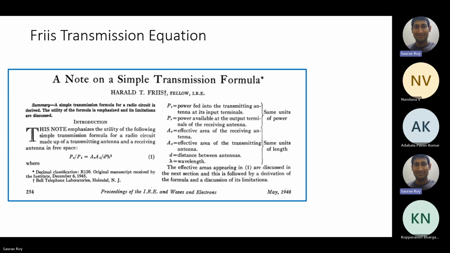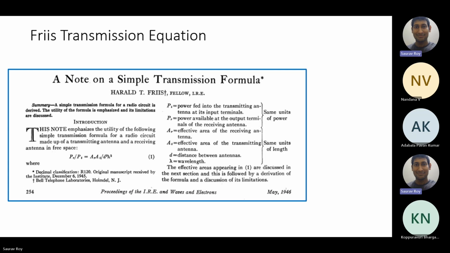Now we come to a very important equation called the Friis transmission equation. The beauty of this equation, if you see, is in this paper Friis wrote. It is May 1946, almost before our independence. So almost 70, 80 years back, he wrote this, and this equation is so simple, and the paper was only 2 pages.